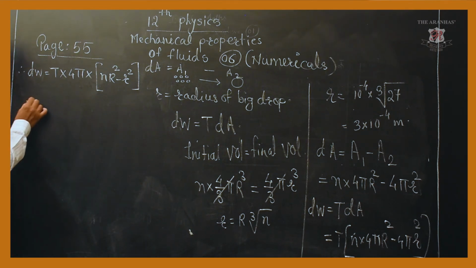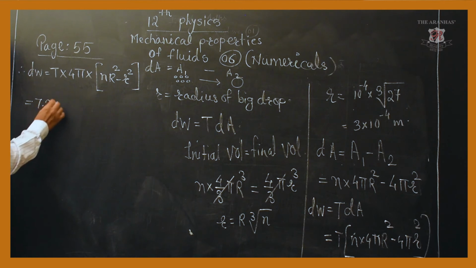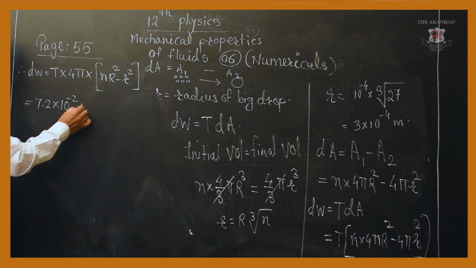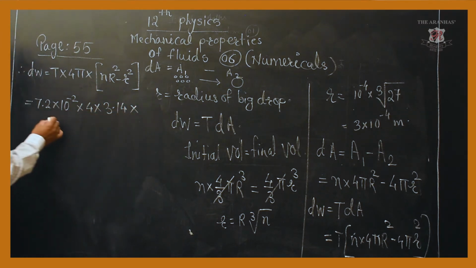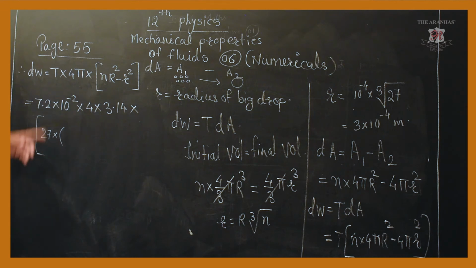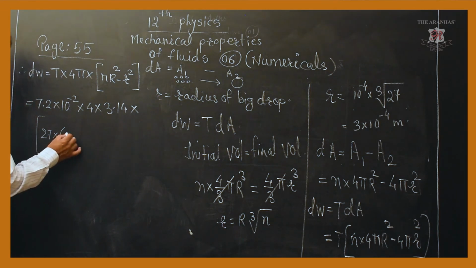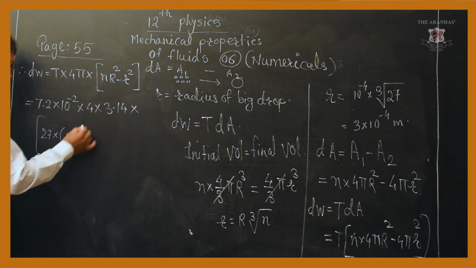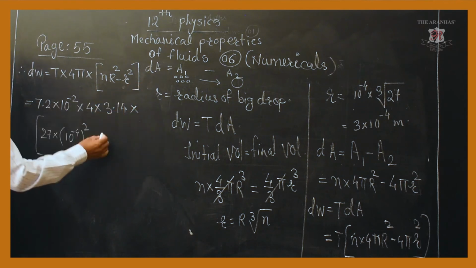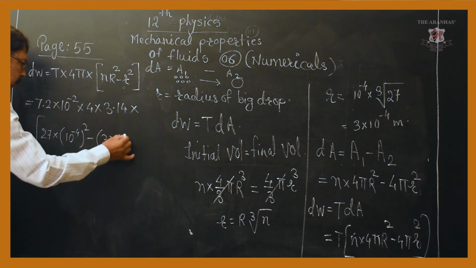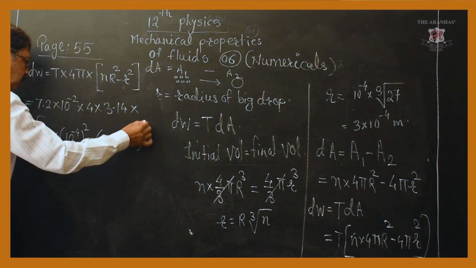So this is the generation of the final formula. Now we can substitute. 7.2 into 10 raised to minus 2, this is the value of T. 4, value of pi 3.14, into 27 into, what is the value of r? 10 raised to minus 4, square of that, minus, what is the value which we have found out? 3 into 10 raised to minus 4, square of that.